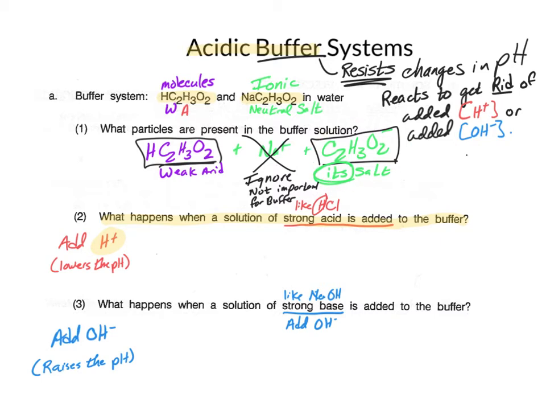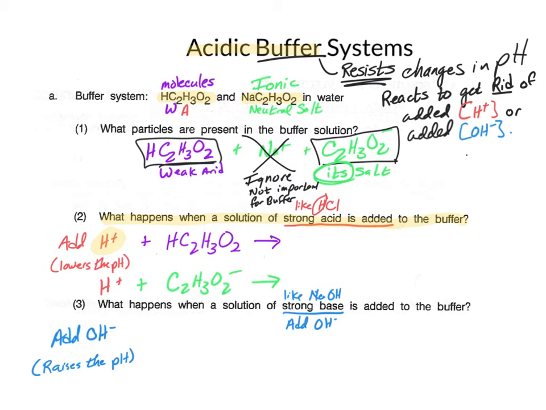Or more generally, in any acidic buffer system, it's the weak acid and the ion that matches that weak acid. So let's write both of them down. So we have H plus hydrogen acetate goes to, we'll write the arrow, or we have H plus C2H3O2 minus, our acetate ion, and we'll write the arrow in.